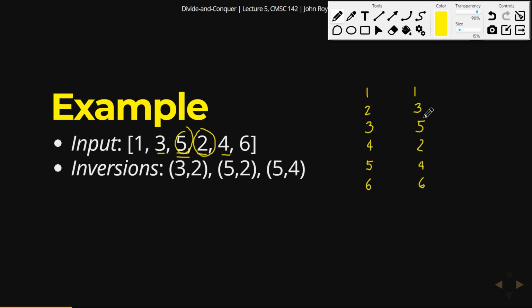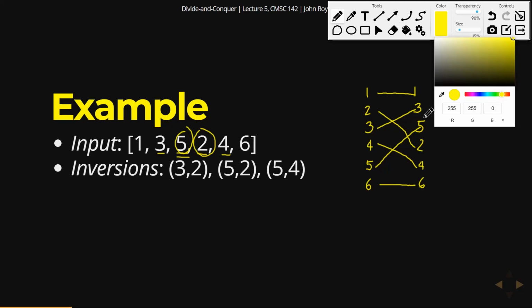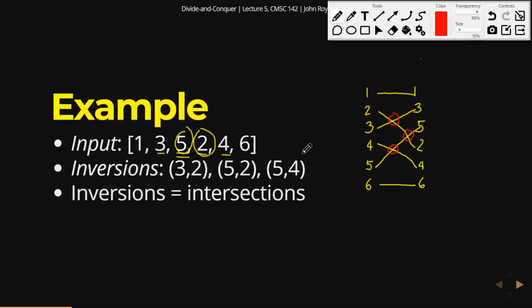If you match the numbers, 1 to 1, 2 to 2, 3 to 3, 4 to 4, 5 to 5, and 6 to 6, you'll notice that there are some intersections, right? We have an intersection here, here, and here. And those are exactly our inversions.